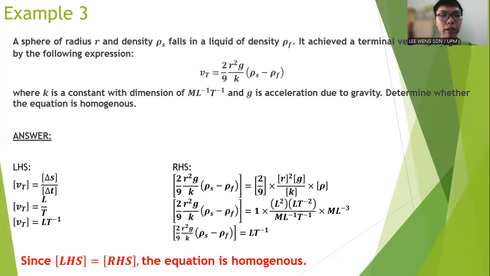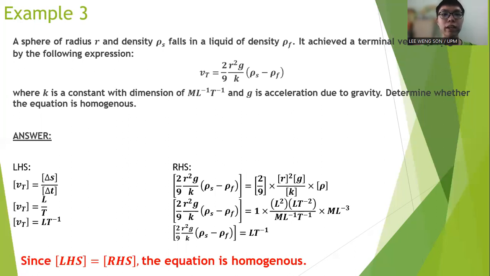Again, to determine whether the equation is homogeneous, we have to first determine the dimensions of both sides of the equation. On the left-hand side, the dimensions are found to be LT^-1.